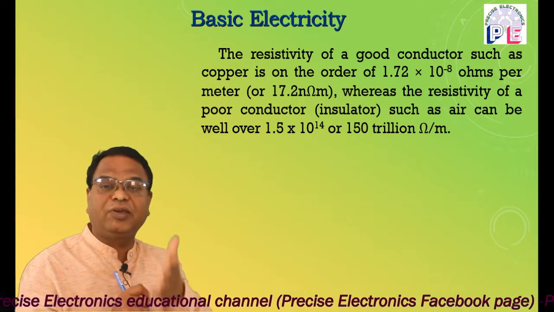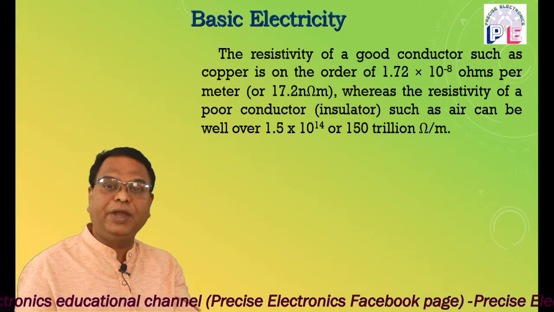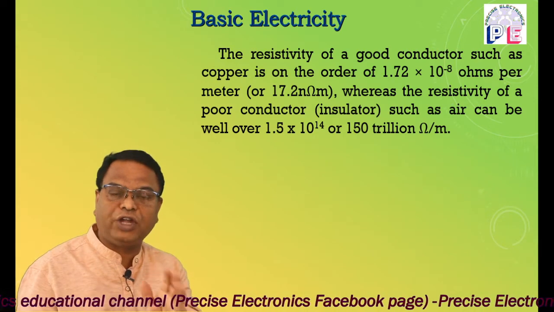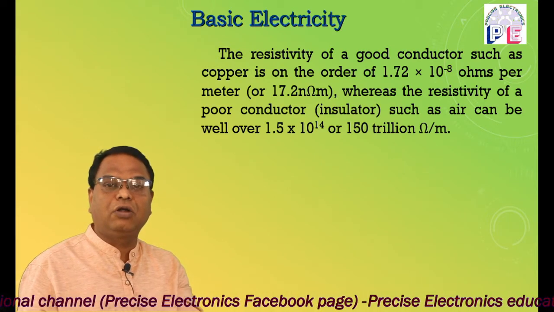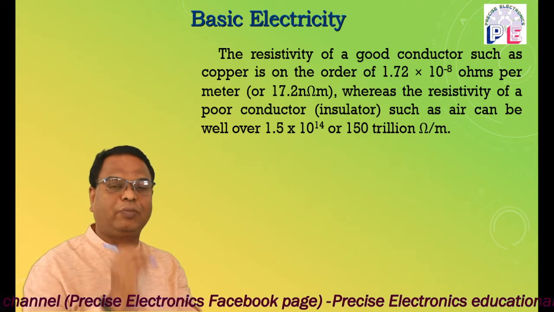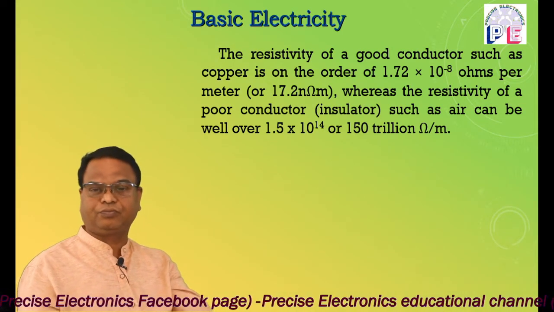So the specific resistance of air is very high, and because of this, air is a good insulator. It is a bad conductor of electricity and will not allow the electric current to pass through it.